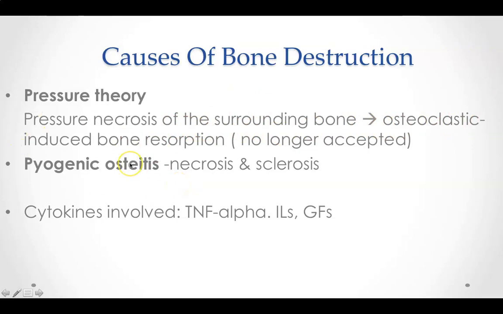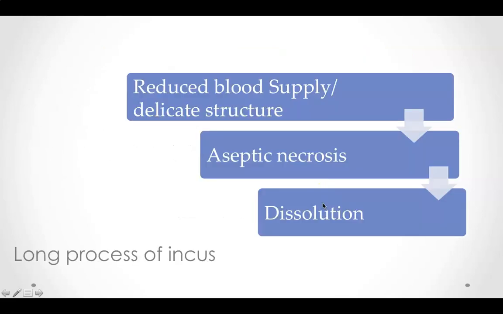Okay, and the pyogenic theory says that it is due to necrosis or sclerosis. So necrosis or sclerosis will cause bone destruction, and the cytokines that are involved will be like tumor necrosis factor, interleukins and growth factors.